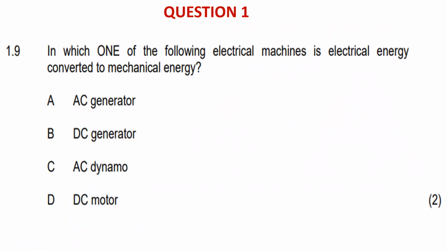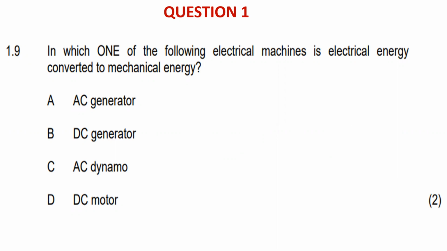Next one. In which one of the following electrical machines is electrical energy converted to mechanical energy? Electrical to mechanical energy. So generator, first option, AC generator. Guys, a generator converts energy from mechanical to electrical, because with a generator you are trying to make energy.